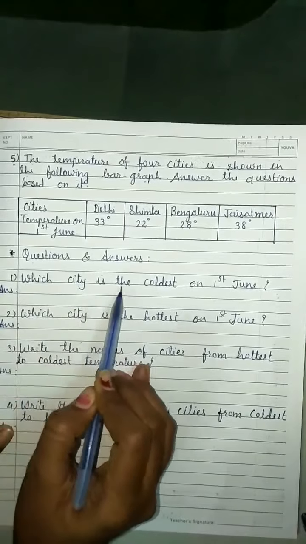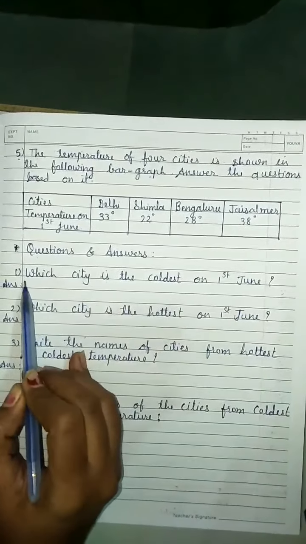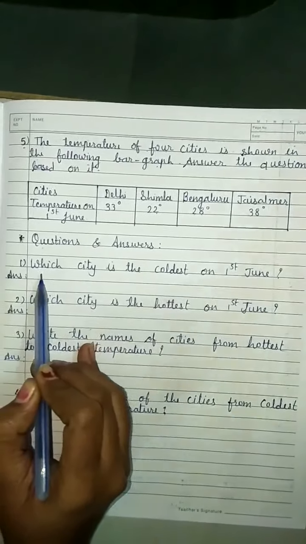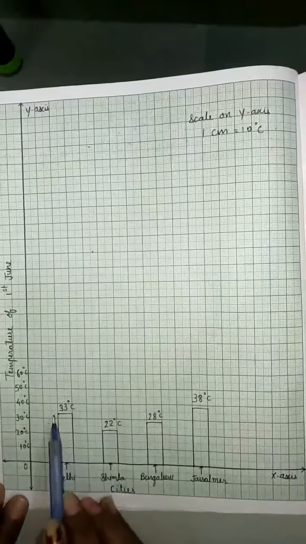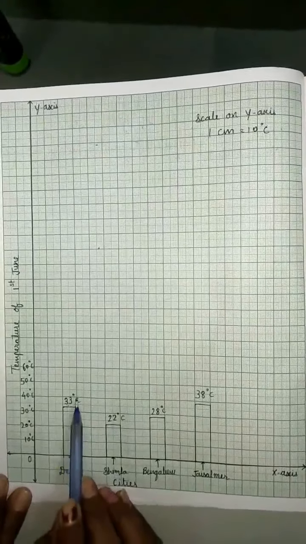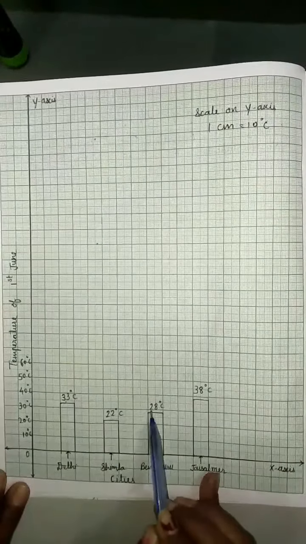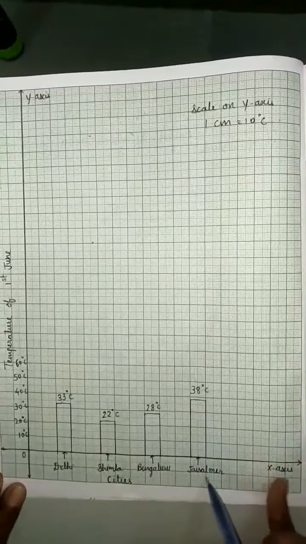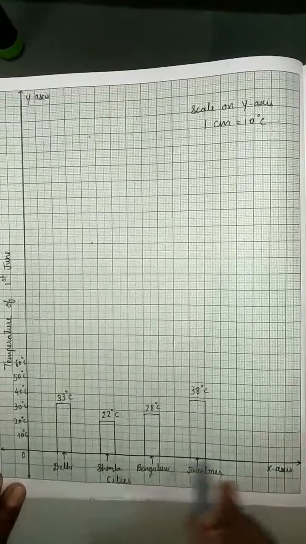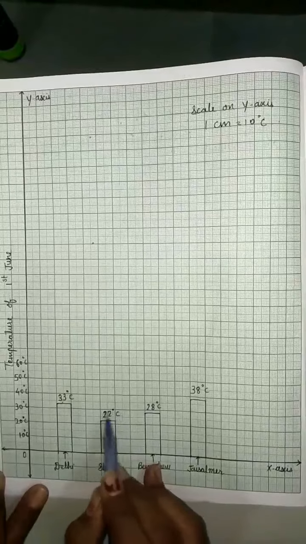So which city is the coldest on 1st June? So for the answer, we'll have a look at the bar graph. So students, here you can see 33 degree centigrade Delhi, 22 degree centigrade Shimla, 28 degree centigrade Bangalore and 38 degree centigrade Jaisalmer. So 22 degree is the coldest temperature.